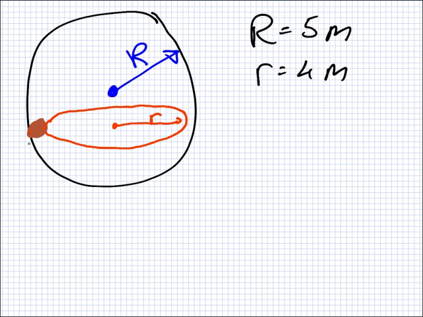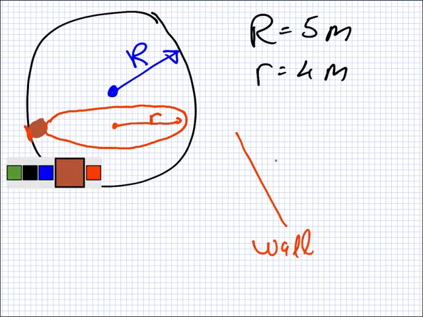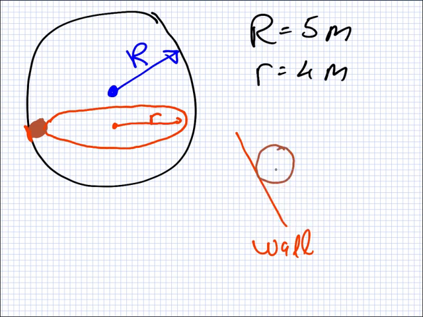I'll let you try it, but I'll get you started with the picture. So if you look at this part, there's the wall, like here, and here's the ball. How many forces are acting here? There's the weight, which is mg, because I don't tell you the mass.